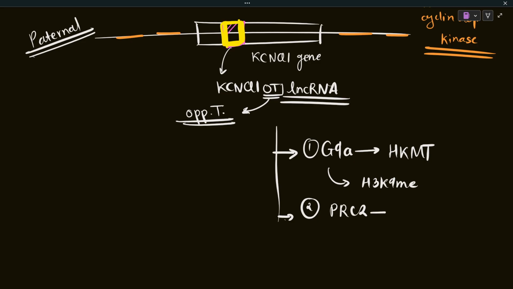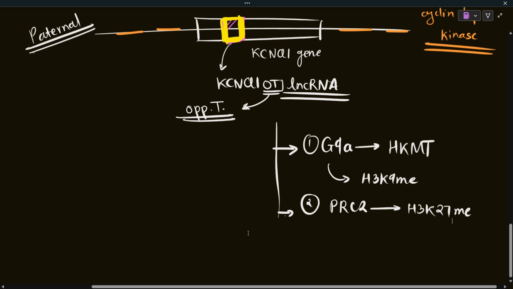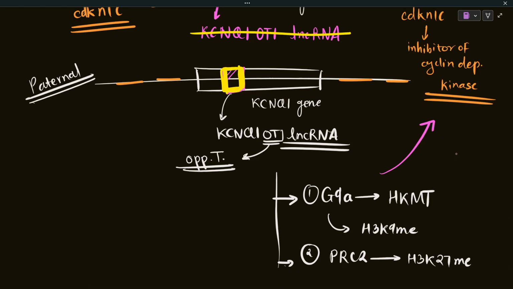I hope you remember that the PRC2 complex is also related to the silencing of genes, and it does the H3K27 methylation. Both of them are renowned for heterochromatinization, meaning repression. Both of them are going to repress a certain gene that we discussed before, and that is CDKN1C. They are going to repress the inhibitor of cyclin dependent kinase.